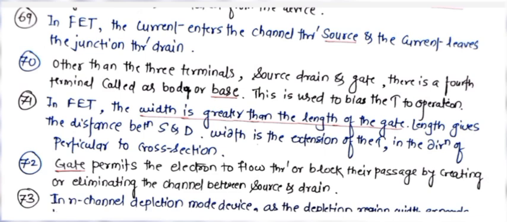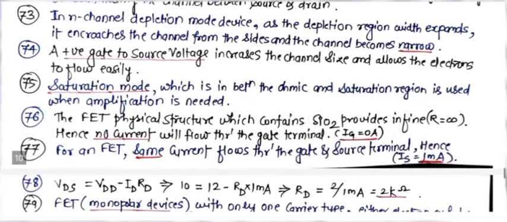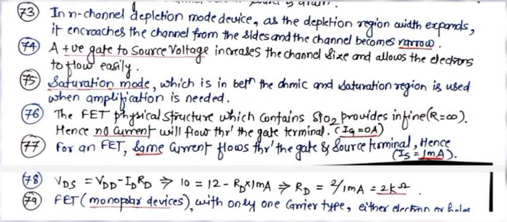Gate permits the electrons to flow through or blocks their passage by creating or eliminating the channel between source and drain. In N-channel depletion mode device, as the depletion region width expands, it encroaches the channel from the sides and the channel becomes narrow.